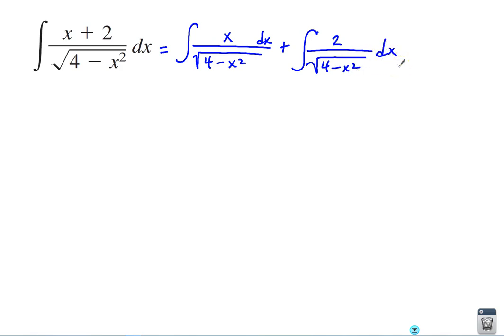Then this one I could do with a pretty simple u substitution, because a modification of this would be du. And over here, I can just bring my 2 out front, and lo and behold, I have my arc sine. So I've got basic u sub over here, but then I have inverse trig on this one.